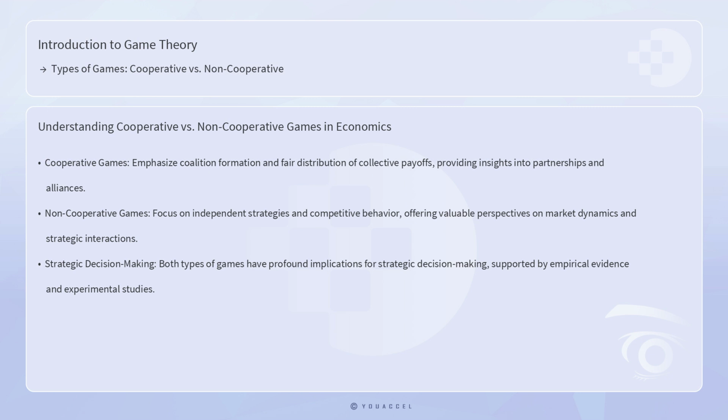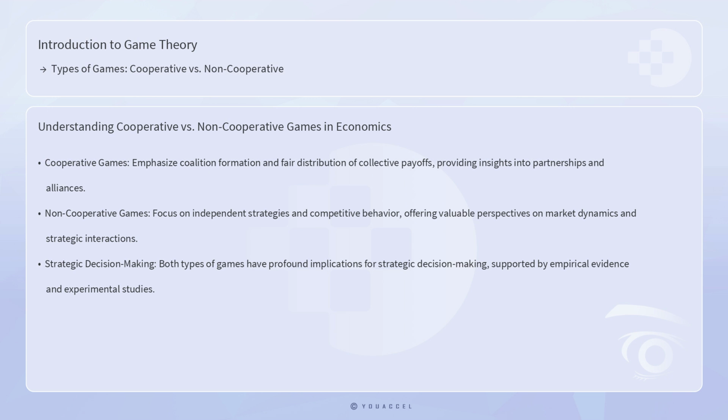In conclusion, understanding the differences between cooperative and non-cooperative games is fundamental to applying game theory in economics. Cooperative games emphasize coalition formation and fair distribution of collective payoffs, providing insights into partnerships and alliances. Non-cooperative games focus on independent strategies and competitive behavior, offering valuable perspectives on market dynamics and strategic interactions.